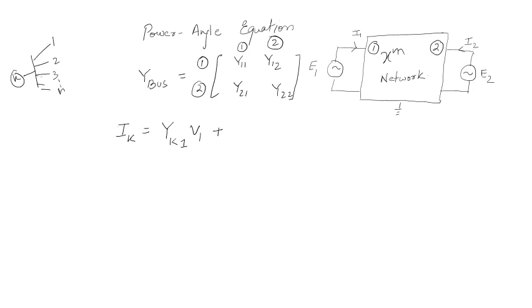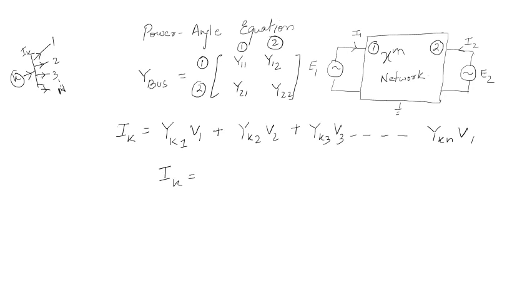Now this bus has a number of buses attached, so if I write the current of this kth bus: Yk1 V1, plus Yk2 V2, plus Yk3 V3, and so on up to Ykn Vn.